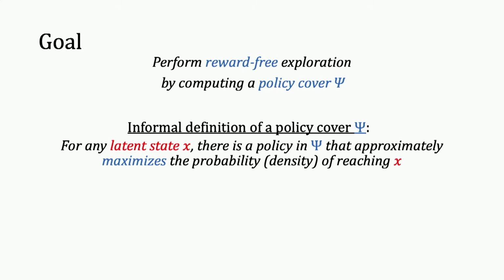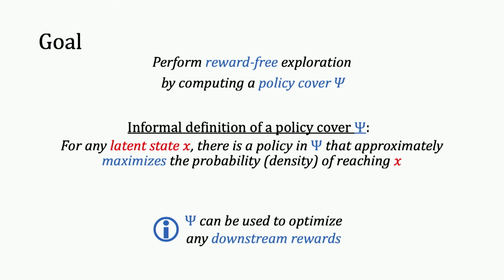It turns out that if you have a policy cover, then you can optimize any reward task you would like. You can engineer whatever rewards you want, and then there is an efficient method for optimizing that reward function.